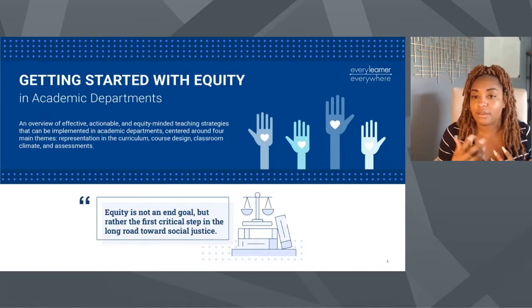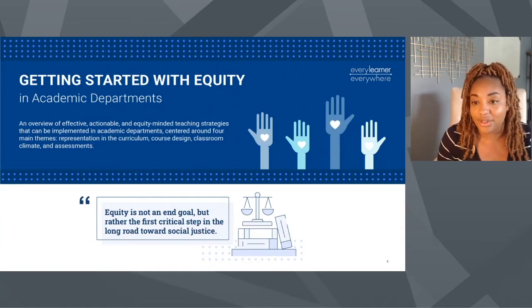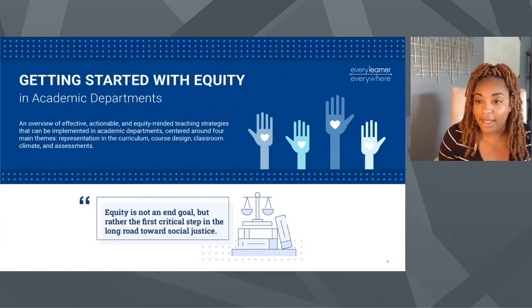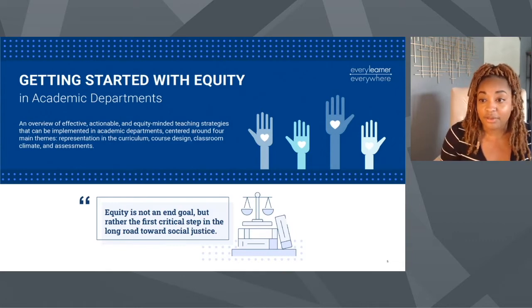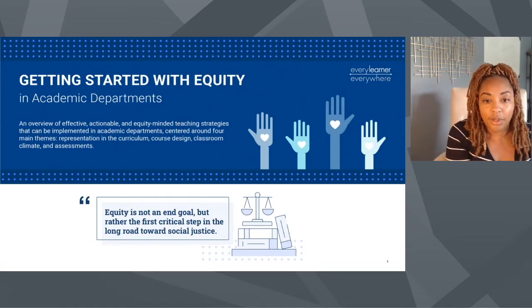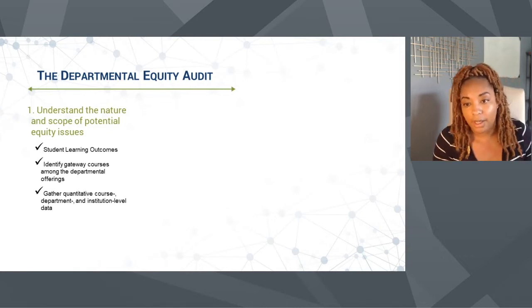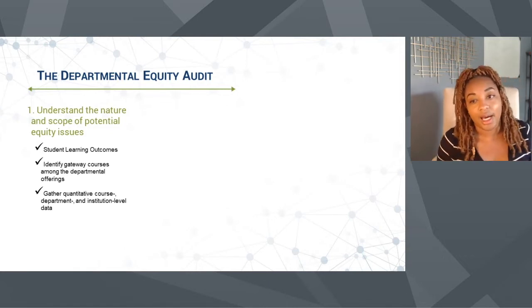Often, the policies and the practices and the procedures of a department that prove to be the most inequitable and the most harmful have gone unquestioned, oftentimes for decades, by the institution, because I think we always have to remember that higher education in our country, unfortunately, is inherently white supremacist and by default anti-Black, anti-BIPOC, anti-poor, right? And so we recommend that the first step to building a more equitable department is a departmental equity audit, right?